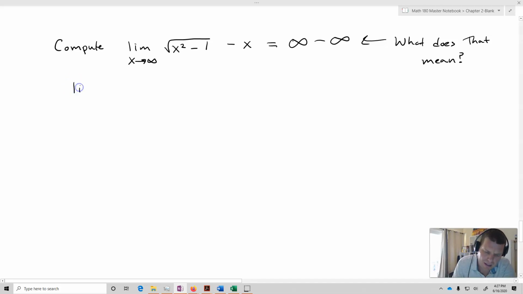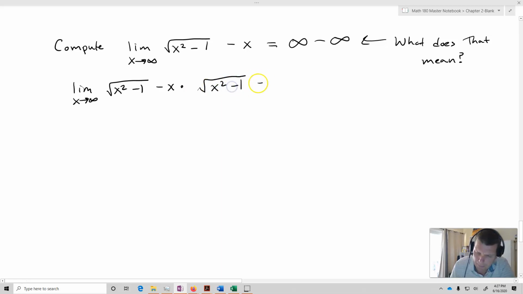So I have the limit as x approaches infinity of the square root of x squared minus 1 minus x, and I'm going to multiply that by 1, by the square root of x squared minus 1 plus x over the square root of x squared minus 1 plus x, because that just equals 1.